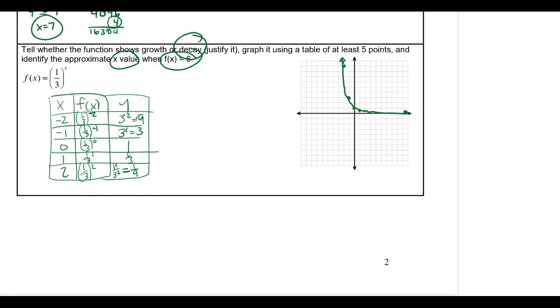Okay, so we want to know what is the x value when it's about 6. So remember the x value where f of x is equal to 6 is somewhere about here, because 6 is along this line. So 1, 2, 3, 4. And so the graph crosses somewhere close to -2, but I know it's not -2 because we just plugged in that value, so it's got to be less than that.